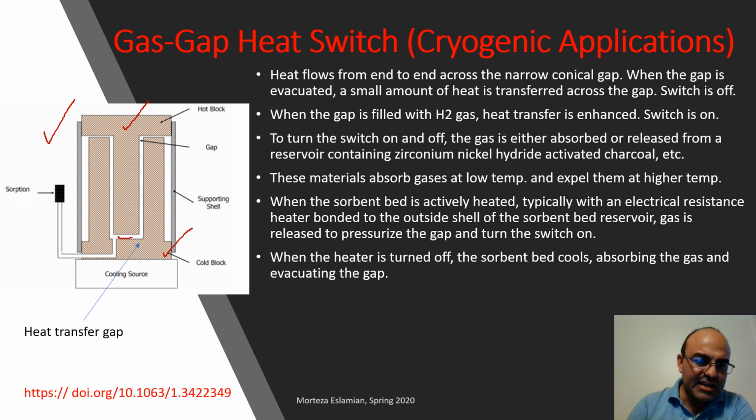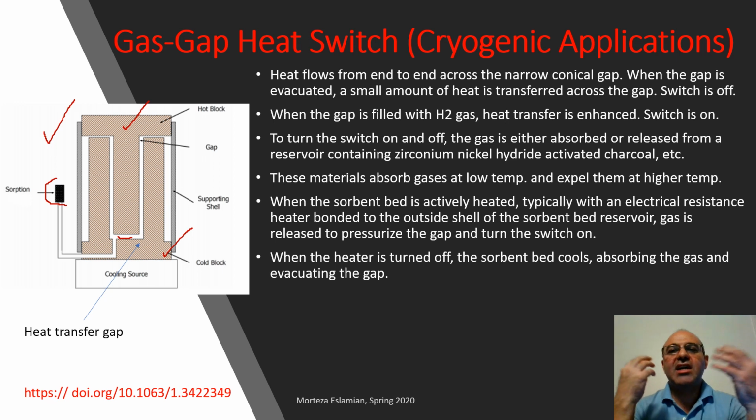That's the reservoir that we talked about. So the hydrogen gas can be absorbed or released from this reservoir, which contains charcoal with zirconium nickel hydride. This charcoal has the capability of releasing and absorbing hydrogen.